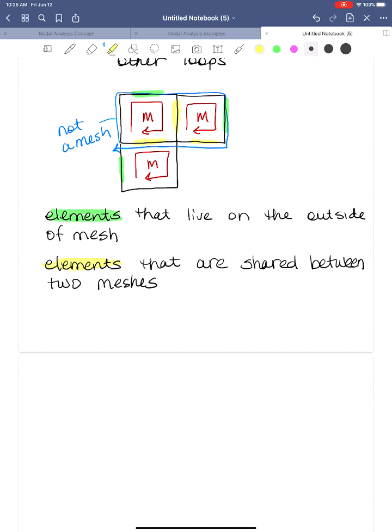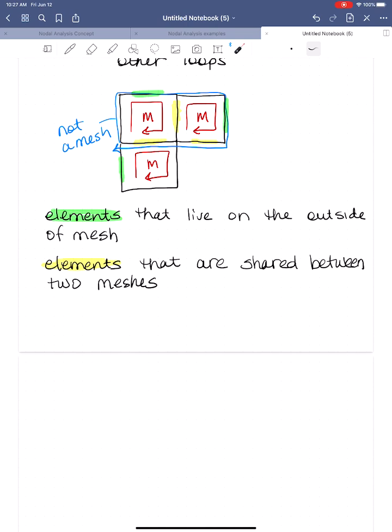And those are all the ones shared between two meshes in this particular line drawing. All right, and so these are going to be important because elements that are shared between two meshes are going to see a net difference or a net algebraic combination of two mesh currents flowing on either side. Okay, and the elements that live on the outside of a mesh here only see one mesh current.